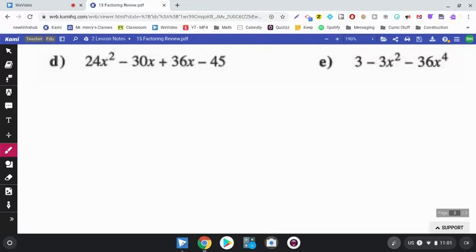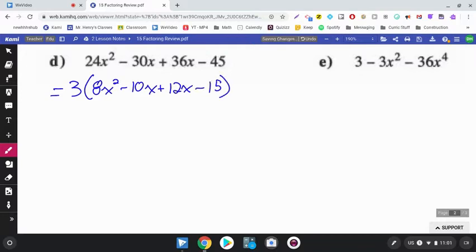I always look for a GCF first, so that's what I'll do. 24, 30, 36, and 45 all can be factored with a 3. Those are all divisible by 3. And you'd get left with 8x squared minus 10x plus 12x minus 15.